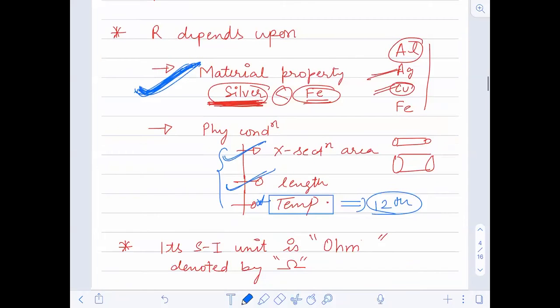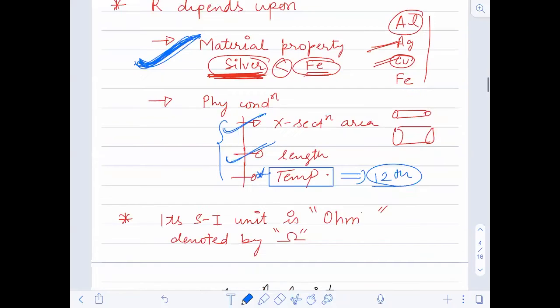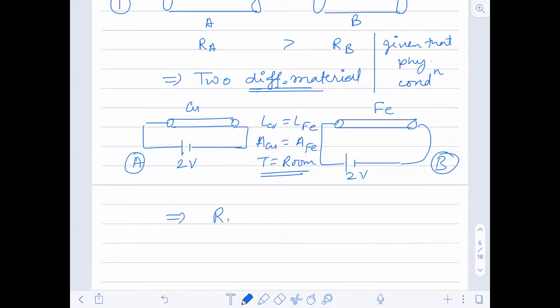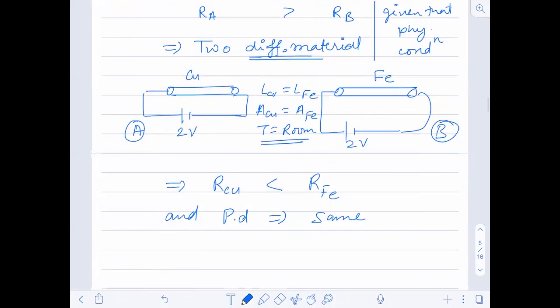So if copper is having less resistance than iron, and the potential difference is the same, then will the current in Cu be greater or the current in iron be greater?